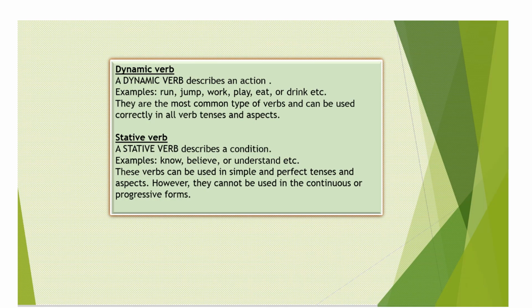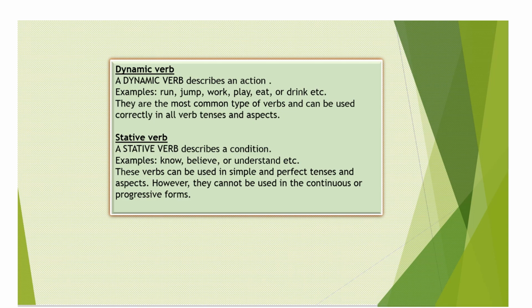So what's a dynamic verb? A dynamic verb describes an action. Examples: run, jump, work, play, eat or drink, etc. They are the most common type of verbs and can be used correctly in all verb tenses and aspects.